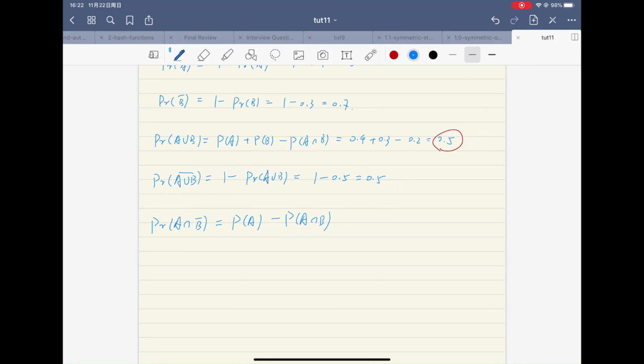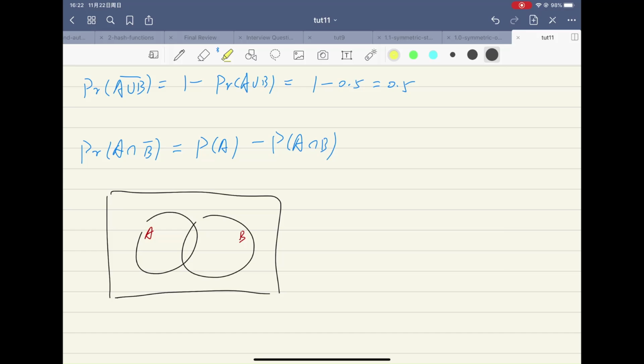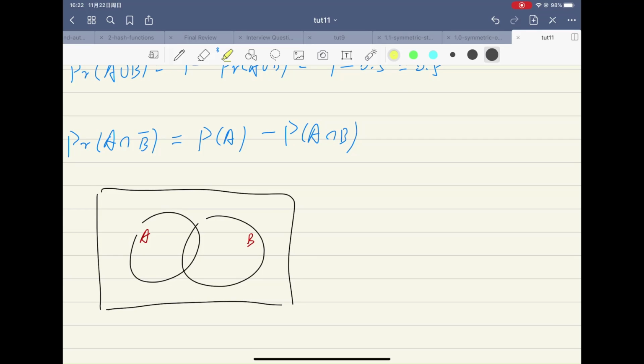So how can we know that? If you draw a Venn diagram, here we have A and B, this is A, this is B, and color the complement of B, just this one.